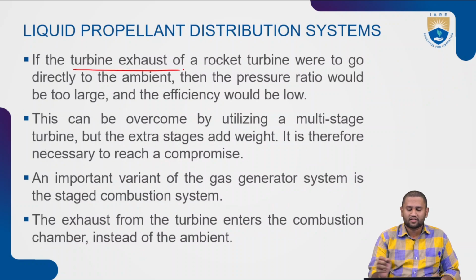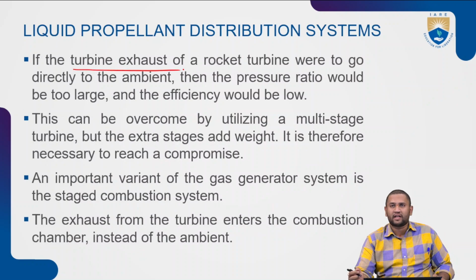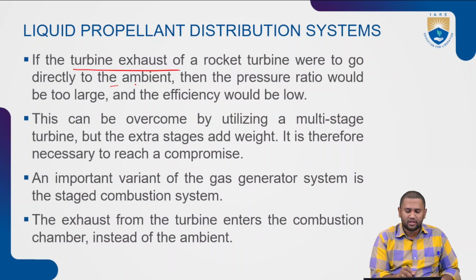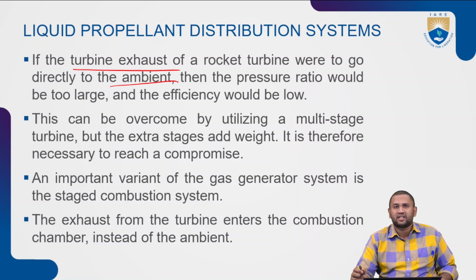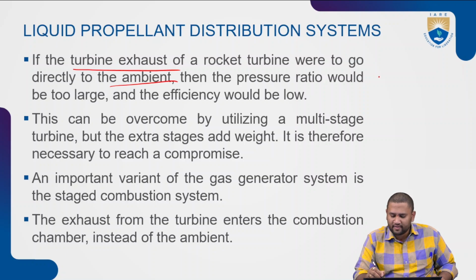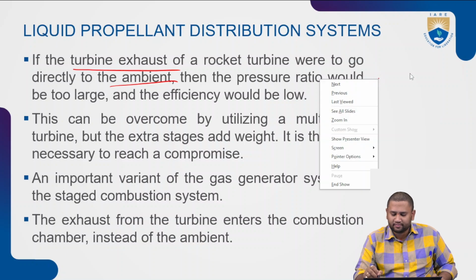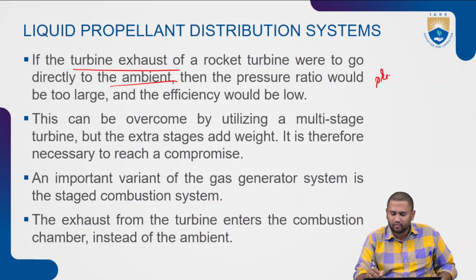Now, if the turbine exhaust, particularly in the case of a rocket, were to go directly into ambient, then the pressure ratio would be too large and the efficiency would be too low. Why? Because the pressure occurring during combustion will be high.